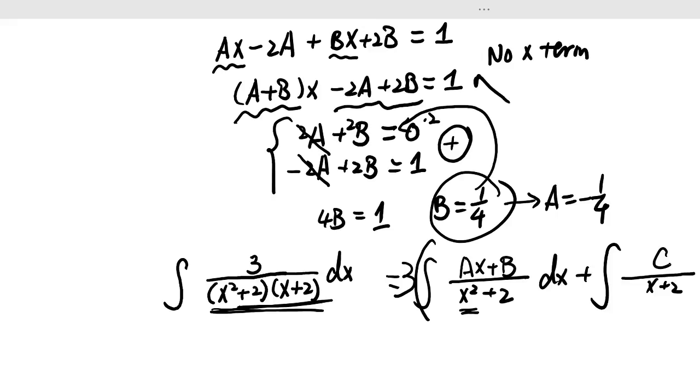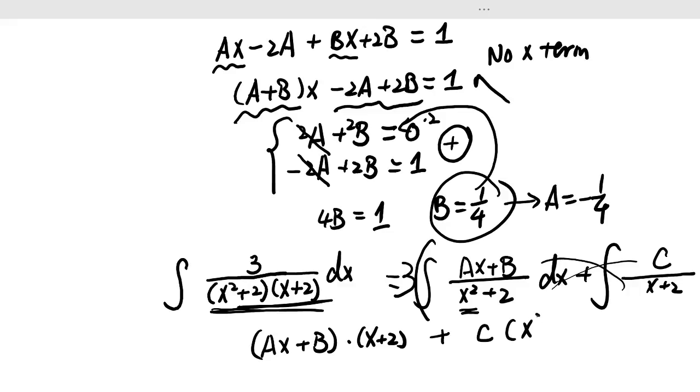Now we're gonna create our numerator right now. So when I combine, that's gonna be ax plus b times x plus 2. I'm not gonna say this is a cross multiply, but it's not the cross multiply method. So that's giving me the first term, plus the next one will be c times x squared plus 2.